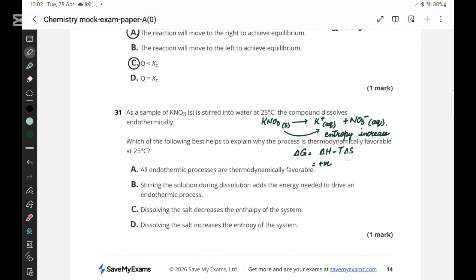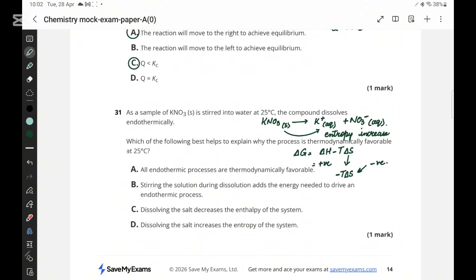And as you can see, you are going from solid to liquid state when it is dissolved in water, so entropy becomes positive, and then minus T delta S becomes negative.